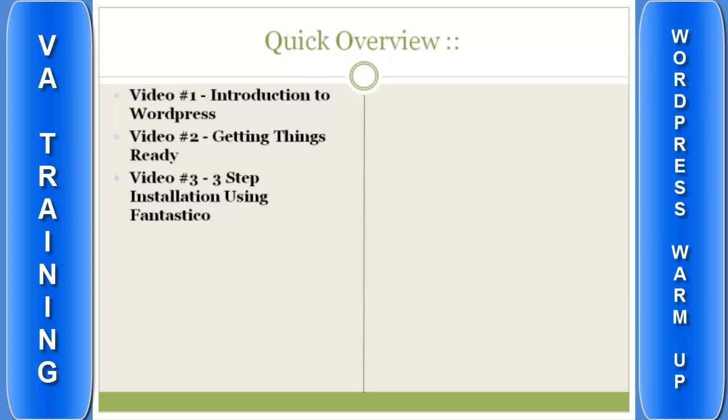If you don't, and you want to know how to set up WordPress manually, I actually offer that in video number 4 as well. So, just so that you understand, if you're able to set it up using video number 3, you can skip number 4. If you're unable to do that in video number 3, then video number 4 is provided to you as an option.